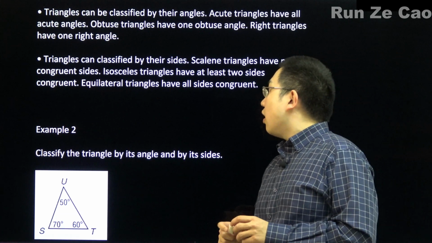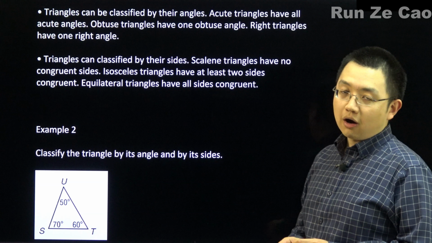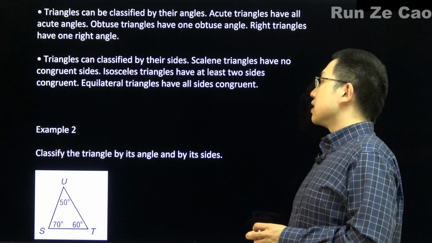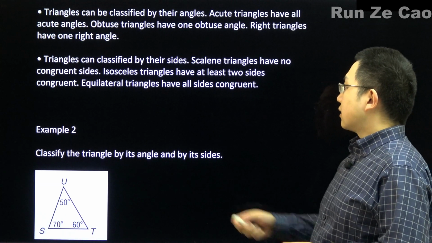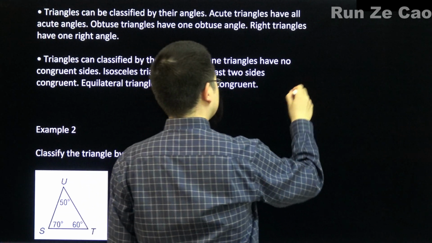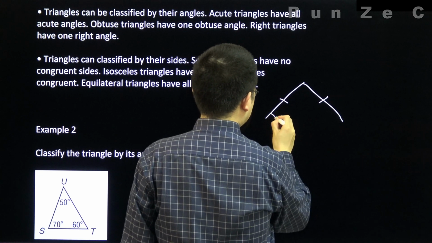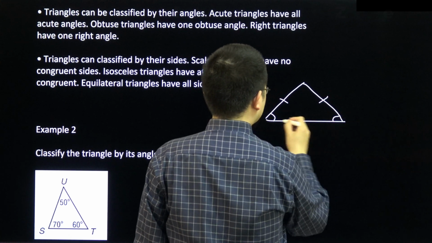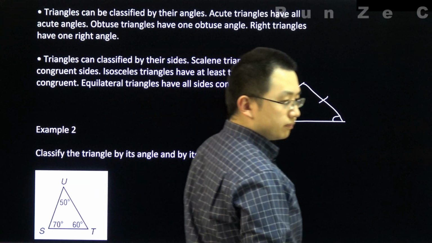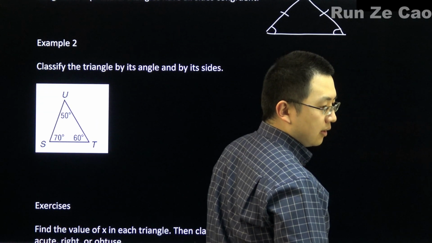Equilateral triangles have all sides congruent, or just all sides equal. All angles are also equal at 60 degrees in equilateral triangles. Isosceles triangles have two sides congruent, and then those angles would also be equal. Scalene triangles have no congruent sides.